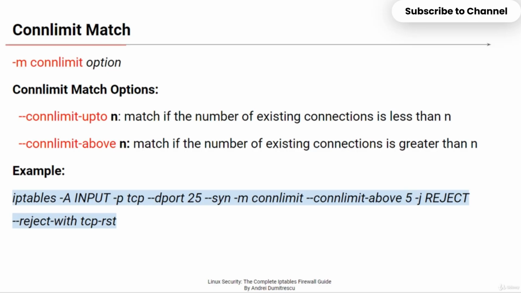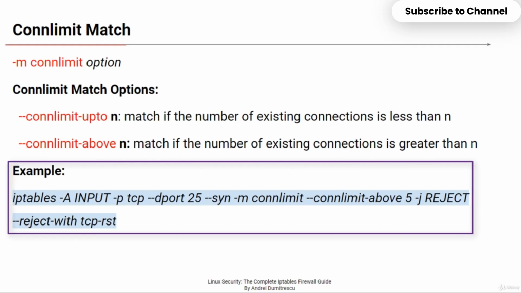We can, for example, permit just 10 new connections to our email server from the same IP address, or 5 parallel HTTPS connections from another IP address. This Netfilter option is very useful to protect against denial of service attacks.